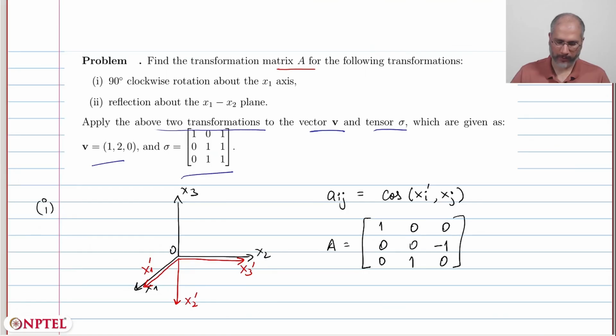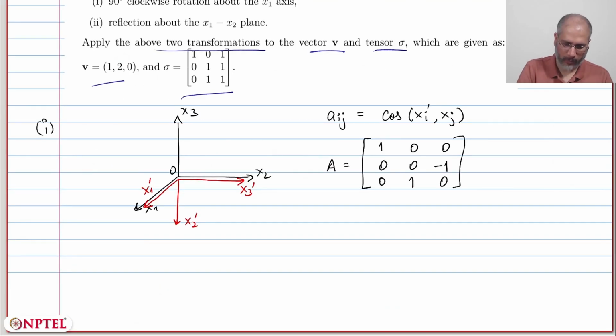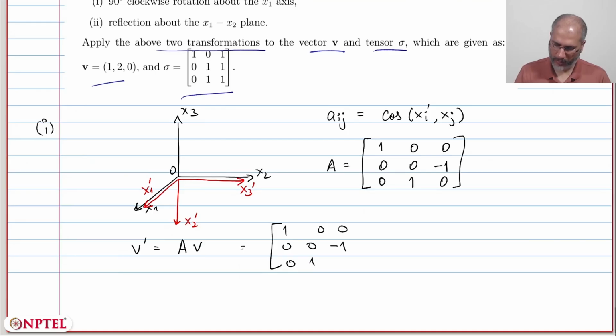So let's do that. If you go back and have a look at the transformation rule for vectors, v prime is A times v. We derived that as a part of this lecture. So this becomes 1 0 0, 0 0 minus 1, and 0 1 0 times the vector, which is 1 2 0.